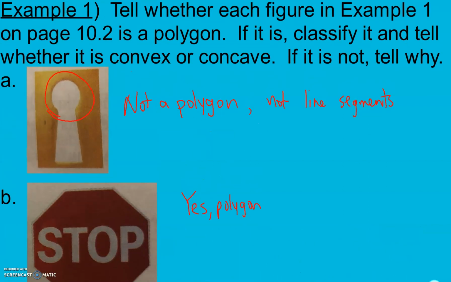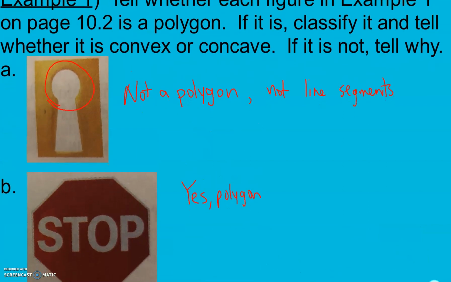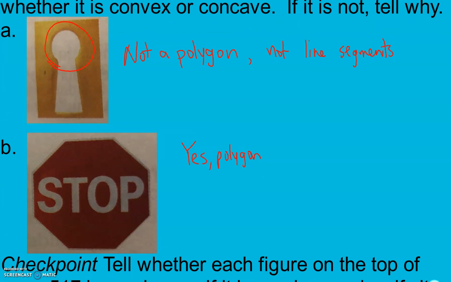Now they want us to classify it and tell whether it's convex or concave. If we count up our sides here, we have 1, 2, 3, 4, 5, 6, 7, 8. 8 sides we call an octagon, and all of our sides are the same length and all of our angles appear to be the same. So this is a regular octagon.